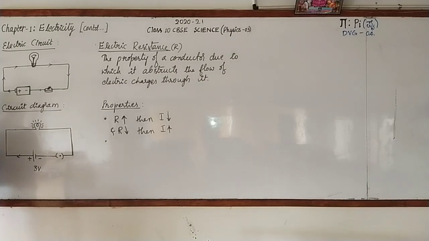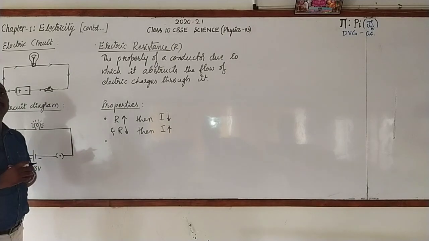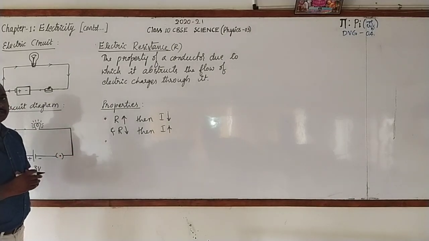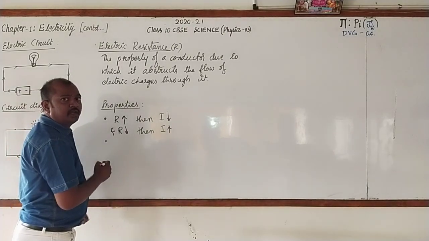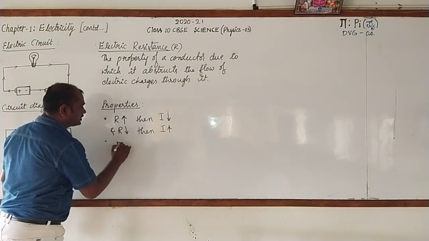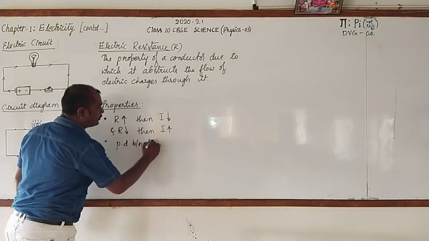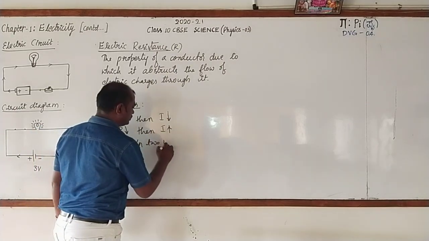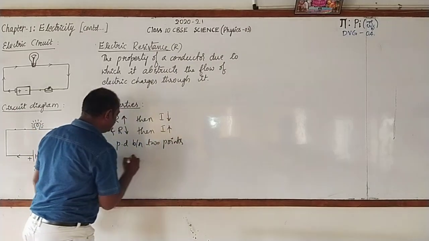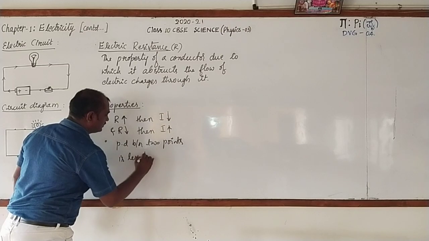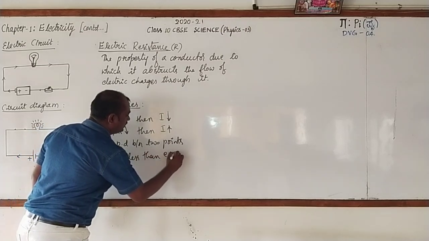You can come to know that the potential difference between any 2 points in the circuit is less than the source of EMF. Why? Again the same reason, it is due to the electric resistance. So hence we can write that the potential difference between 2 points in the circuit is less than EMF.